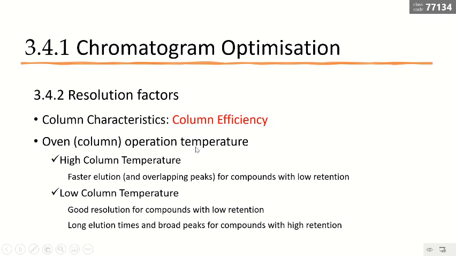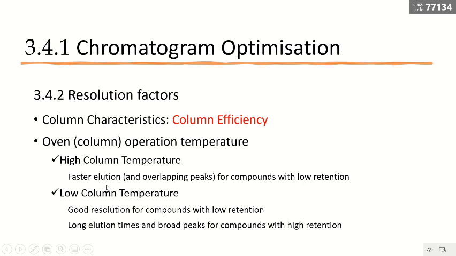What this means is that the temperature, high or low, will affect the resolution or even how fast the analysis time is. Generally, a higher temperature will make the run faster. The compounds will tend to come out faster. They are more excited molecules inside, and the viscosity of the mobile phase is lower, so everything moves faster.